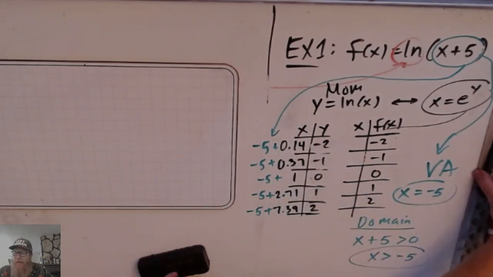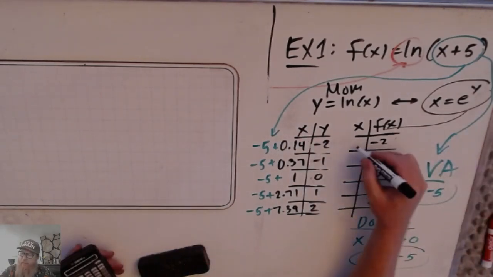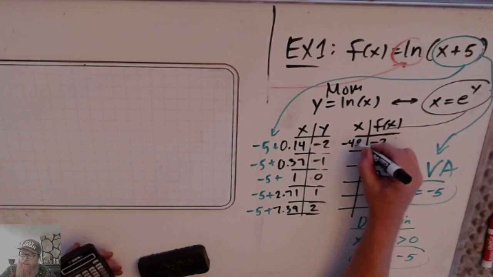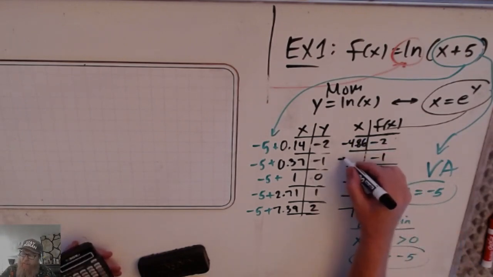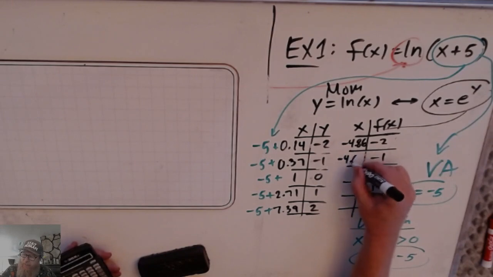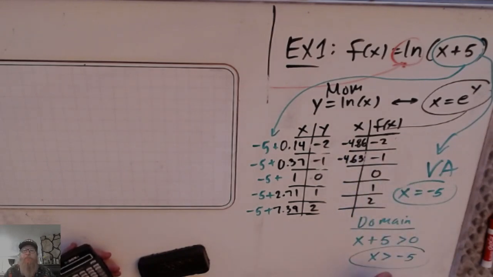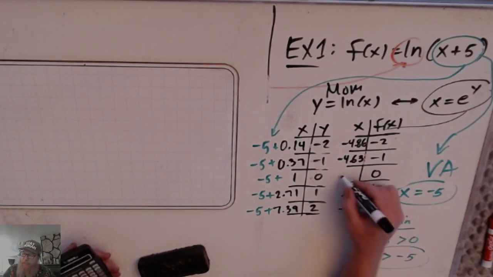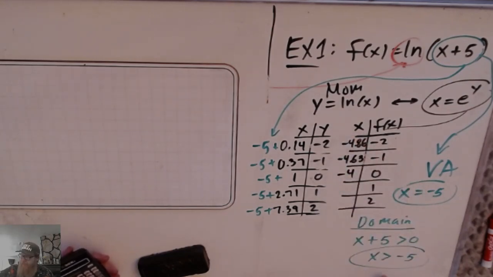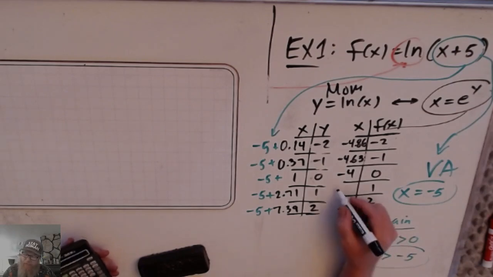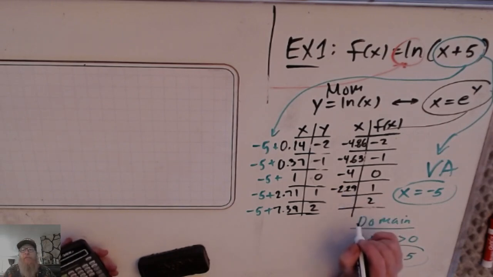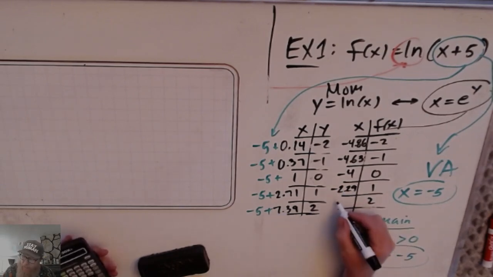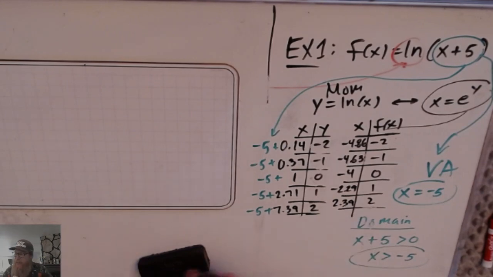And the new x values are going to be, I don't need a calculator for that, negative 4.86, negative 4.63, negative 4. Notice all of these numbers are greater than negative 5. Let's see, negative 2.29 and positive 2.39.